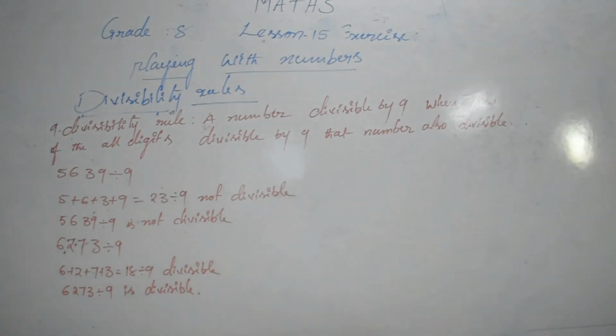So the 10 divisibility rule we know: in ones place only 0, that is the 10 divisibility rule. Write this one.